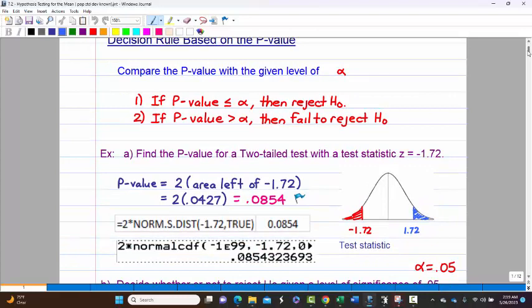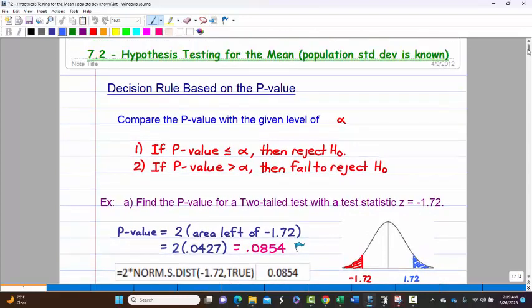All right, the end of 7.1 had this rule right here, and then we're just starting off this section with it also. To refresh our memory, the decision rule, and when we say decision rule, we mean deciding on whether or not we're going to reject the null hypothesis. The decision rule is you compare the p-value with the given level of alpha.